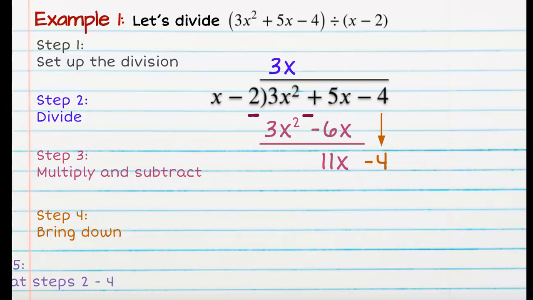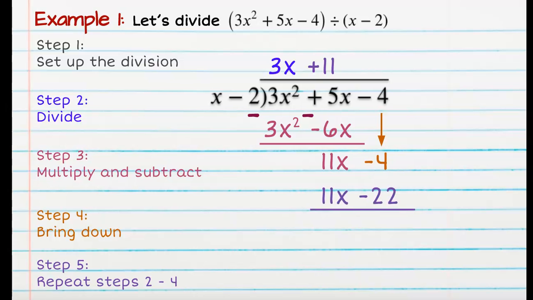Once we bring down, we start the process over again, starting with the division. 11x divided by x is 11. Or what do you multiply x by to make 11x? So now we will multiply and we should get that term, 11x. And then negative 2 multiply 11 is negative 22.